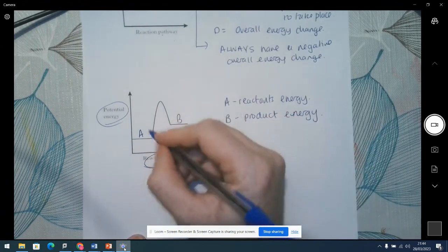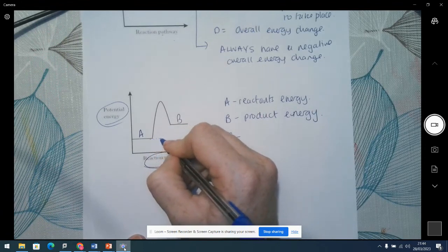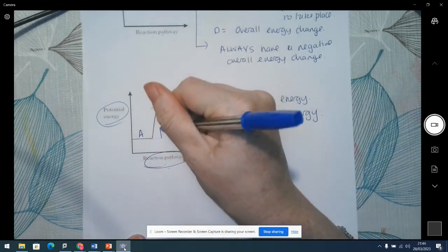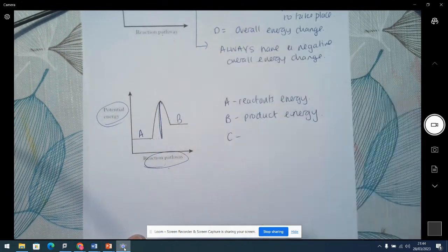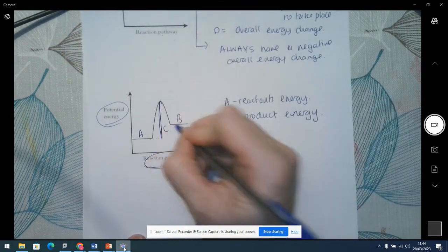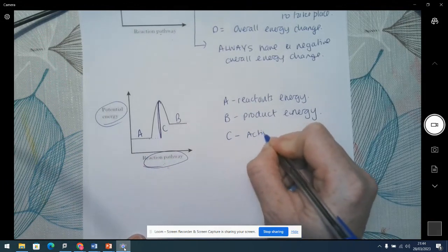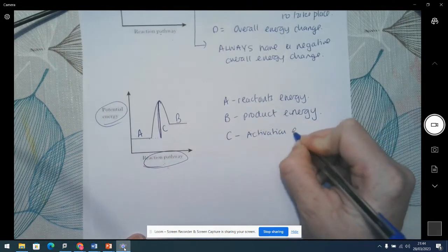To draw the activation energy, you start at the reactants energy level and draw a line up to the peak. This is C, which is the activation energy.